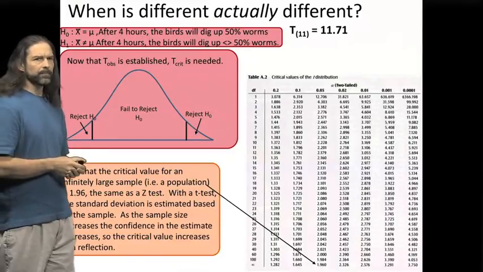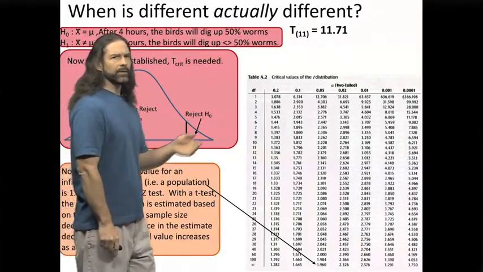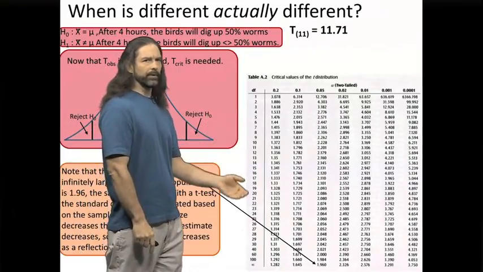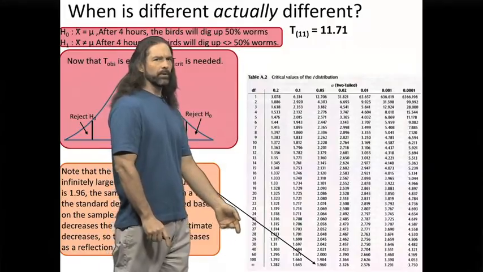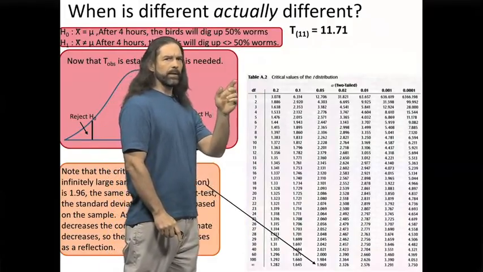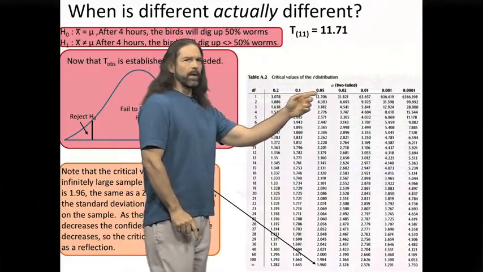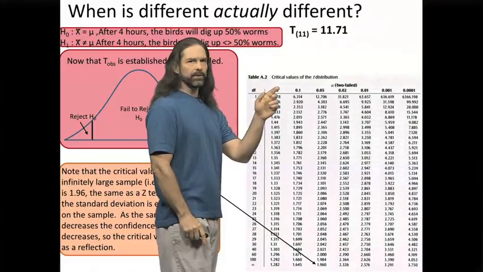When you are looking at this, I want you to notice that I've got the degrees of freedom listed over here. Ultimately, we are going to be dealing with 11, but right now, what I want you to notice is at the very bottom, I've got infinitely large. Then as we go across this way, I am looking at the alpha level for a two-tailed test.